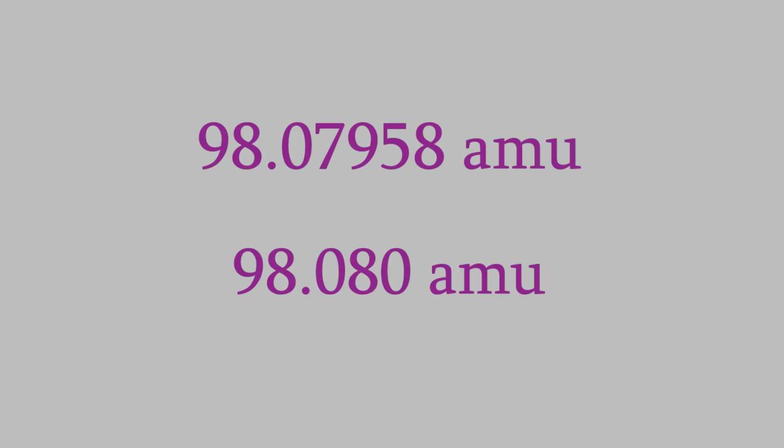That would have given us a result of 98.080 AMU. Notice that when we give our answer, it needs to have the correct number of significant figures, even if the last digit is a 0. In this case, it would have been wrong to give the answer as just 98.08. This has too few significant figures and would have cost me a point on a quiz or a test.